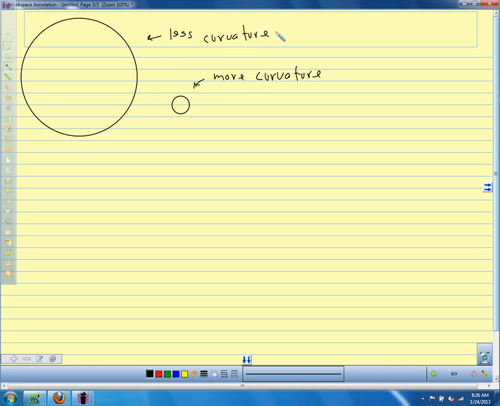The bigger the circle, the closer the circle is to a straight line. So intuitively, how should the curvature and the radius be related? Small radius means more curvature. So we should have some kind of inverse relationship between the radius and the curvature, right? So we think that the curvature and the radius should be inversely proportional.